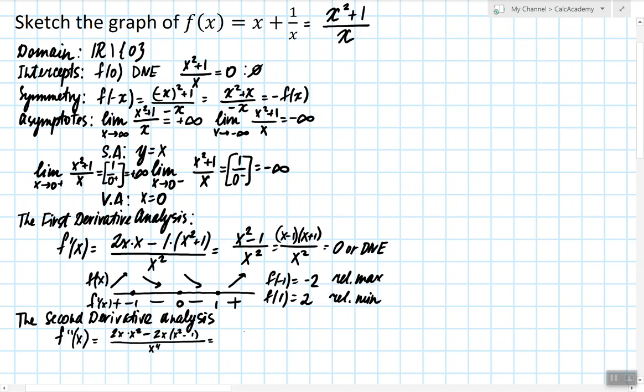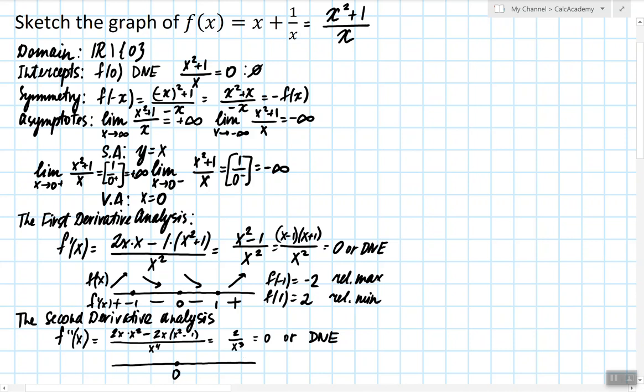So we have 2x cubed minus 2x cubed plus 2x. So this is the second derivative, and we have to look for the values where it's 0 or does not exist, and there's only one such value.